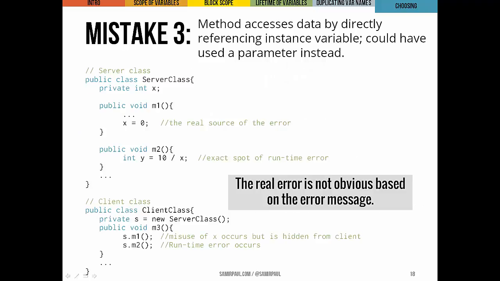In this code example in the server class, M1 sets the value of some instance variable x to 0, and then M2, the second method, uses x as the divisor in the main line of code, int y equals 10 divided by x. When we run our client class, it's not totally obvious what the cause of this is. And there would probably be a good way to do this without relying on the instance variable x.